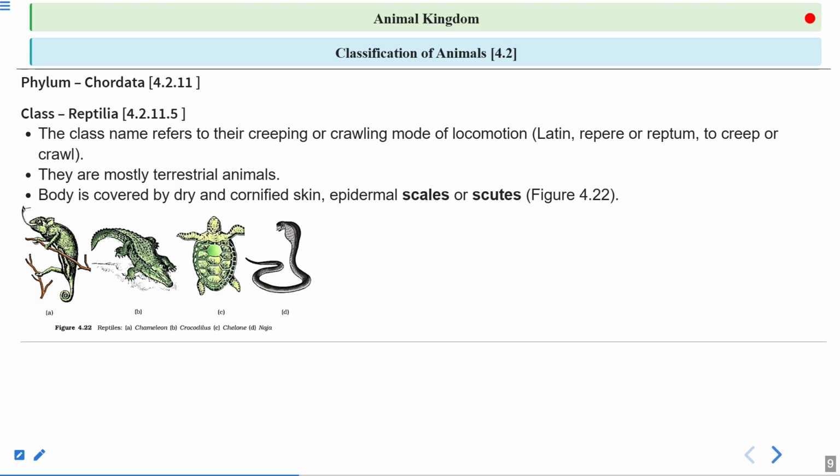Tortoise is a reptile, but they can live in the water as well as on the land. They come to the land to lay eggs, but for food they are dependent on water. They take the food from the water, right? But they always lay eggs on the land only, right?